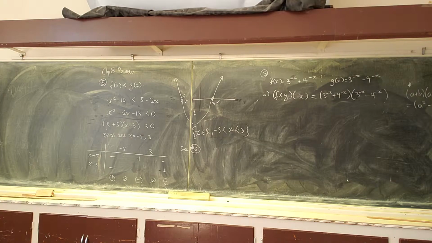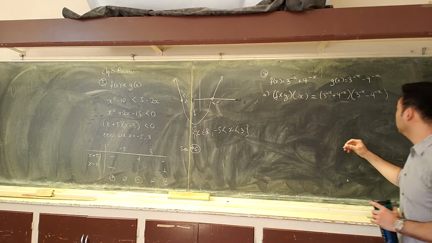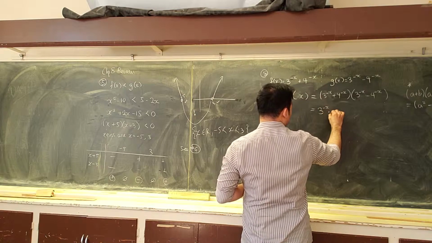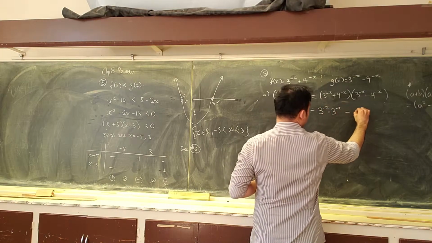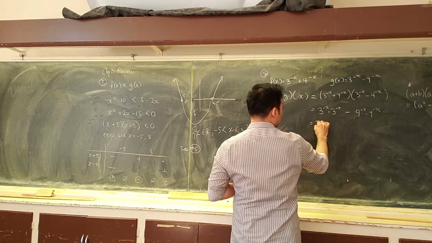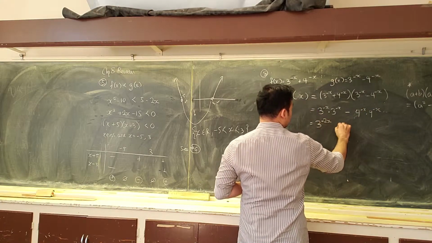I'm going to do a shortcut. The exact same numbers, but it's a plus and a minus. So I am going to do the shortcut, say 3 minus x times 3 minus x minus 4 minus x times 4 minus x, which is 9 minus x minus.